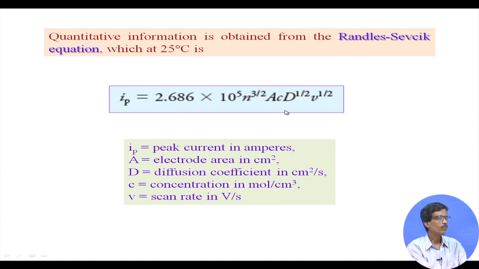From these, if we analyze or simulate everything very nicely, we can see that one important constant we know in solution electrochemistry, D, the diffusion coefficient, can be found out from this particular equation and the cyclic voltammetric measurements.